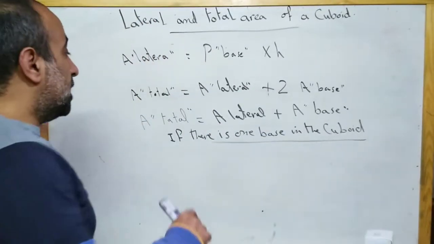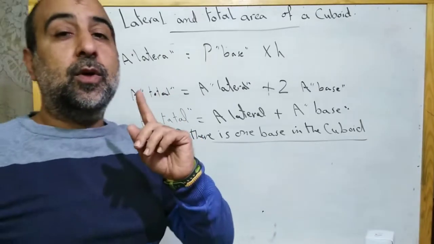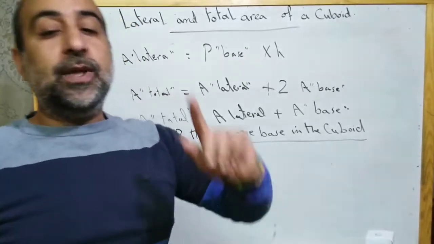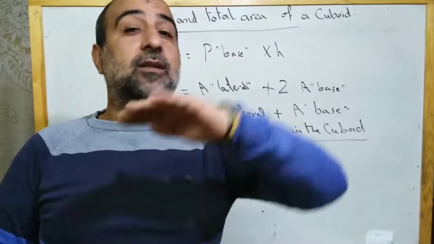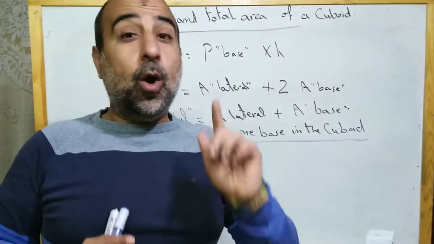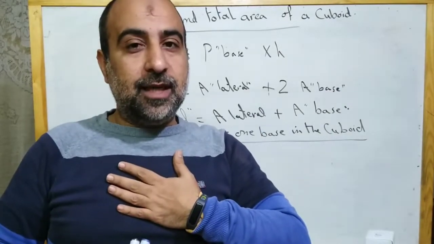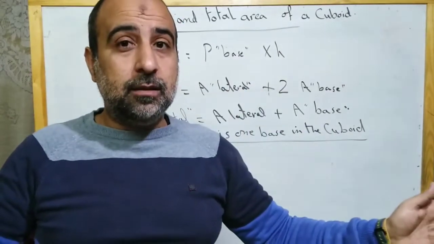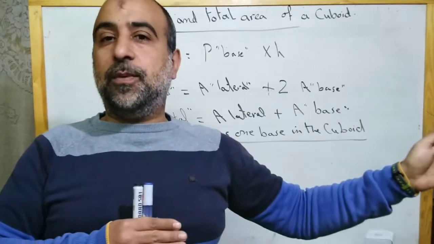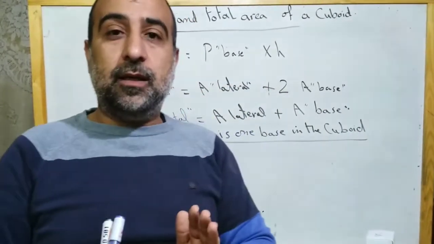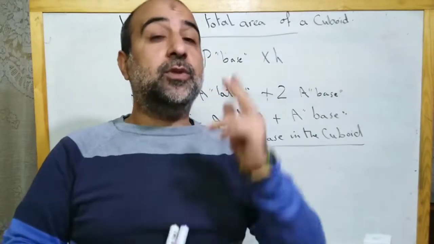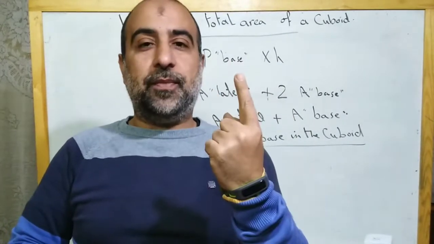By the way, we have a case in which we add just one base. If he told me that there is no lid on this cuboid, or I can understand that there is no lid, for example if he is talking about a swimming pool and we want to find the total area. Does the swimming pool have 2 bases? No, just one at the bottom.